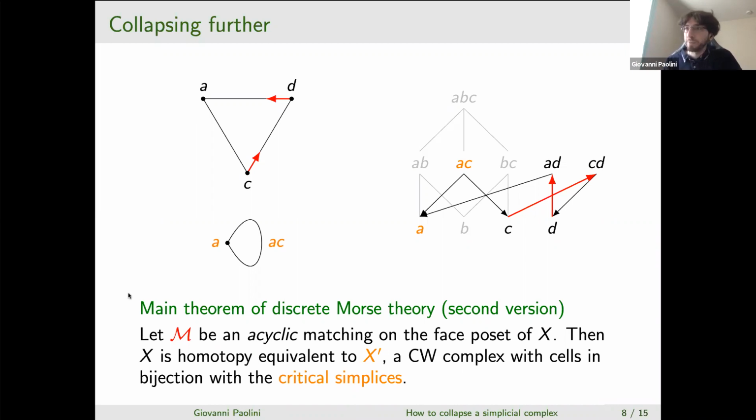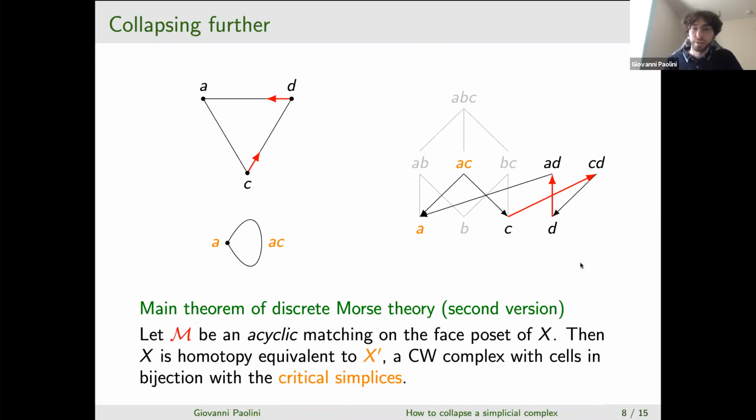Basically, the hypothesis is the same as before. The matching should be acyclic, but we drop the condition that the critical simplices should form a subcomplex. If you look at the picture on the right, this is no longer true.